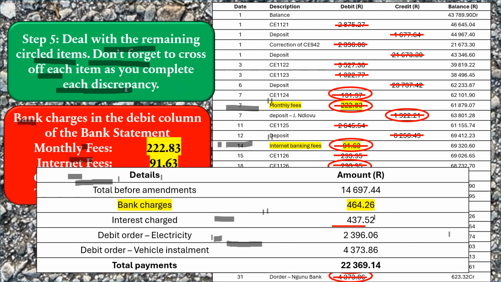Let me just clean this up a bit. So in our payments journal, we're adding the bank charges 464.26 to the total before amendments. So there's bank charges, and what we can do is, we've already done it, cross off all those charges in the debit column.